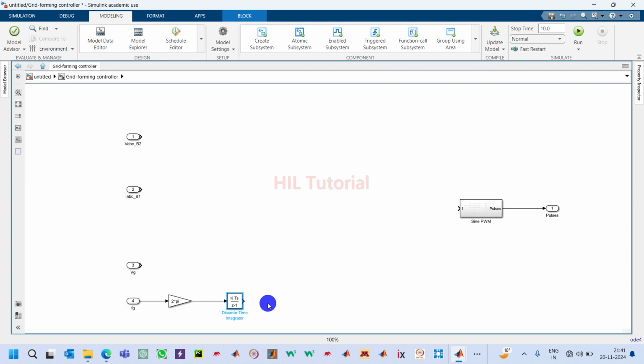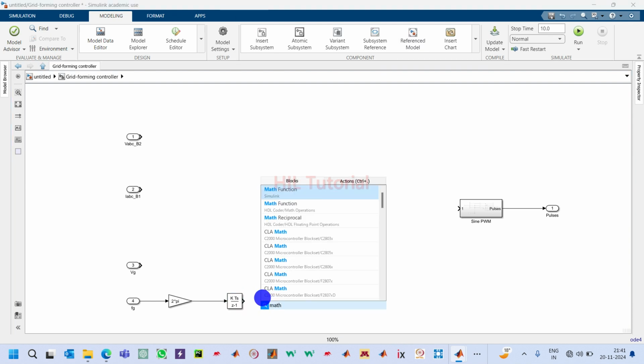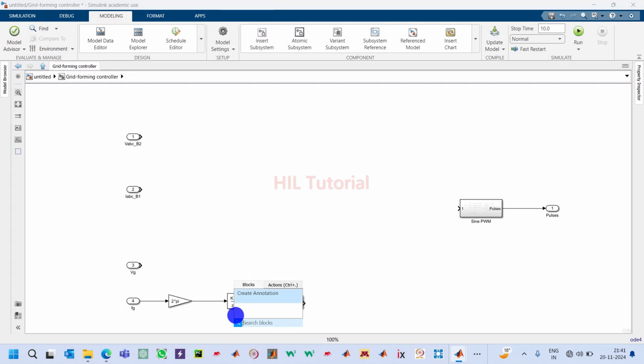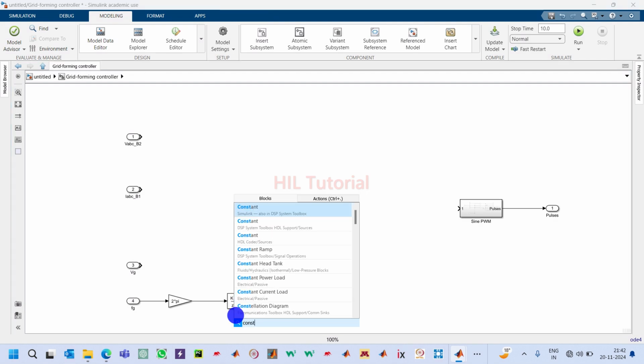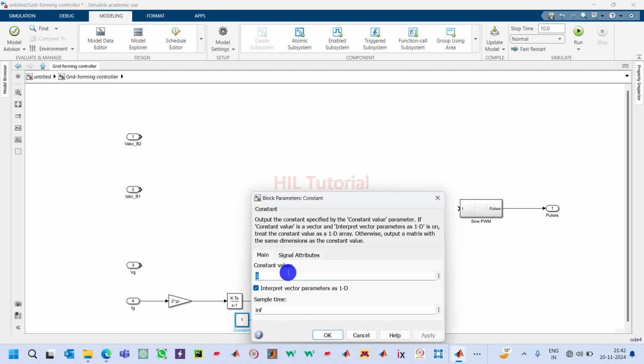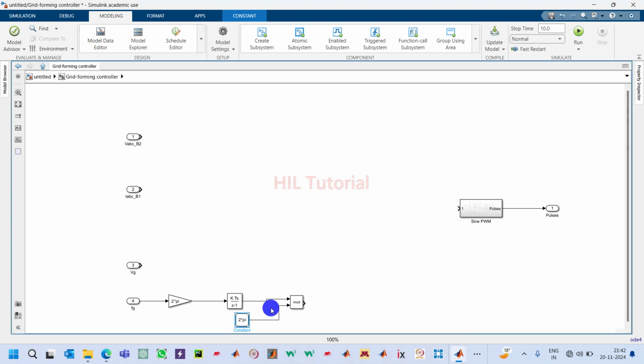So how can we make it? By using a math function. Take one math function, double click on it and choose mod here. We will do mod with respect to one constant. Take one constant, connect it here, and this constant value should be 2 star pi, and here 10 e power minus 6 is the sample time.